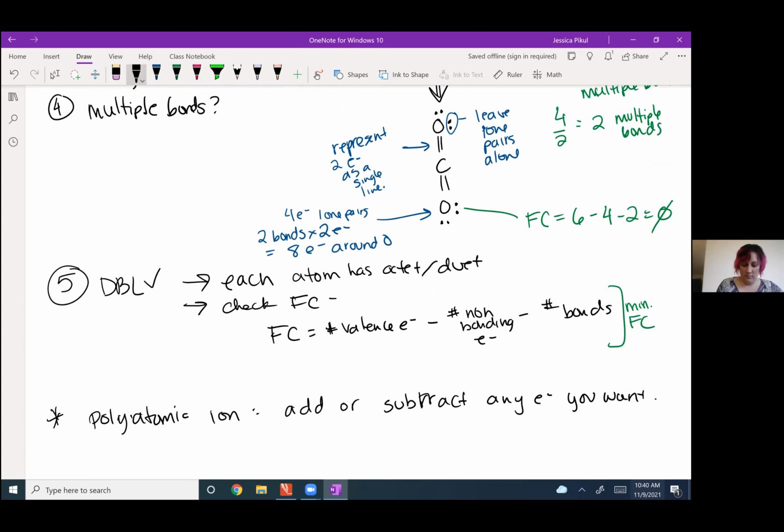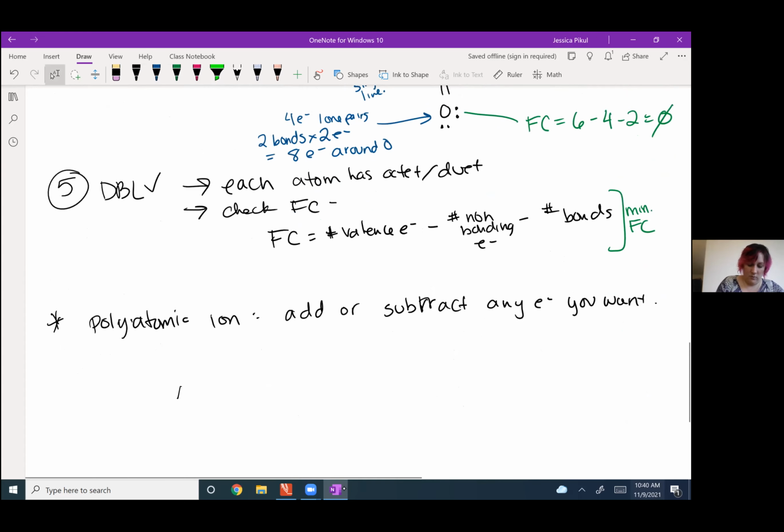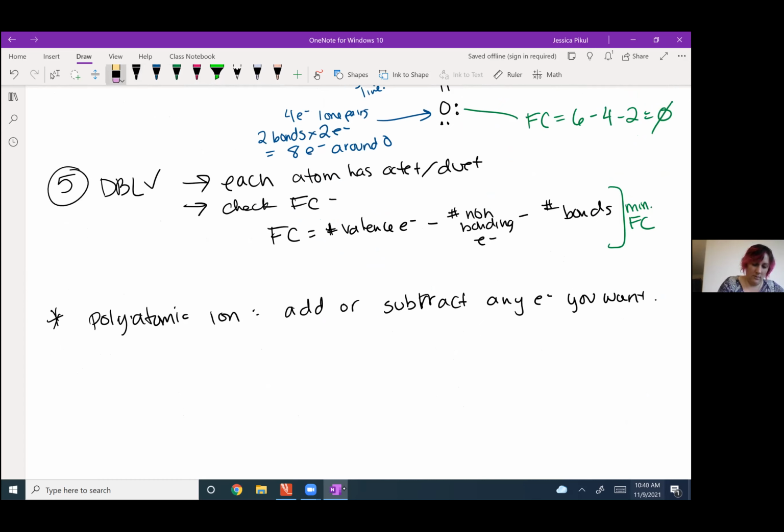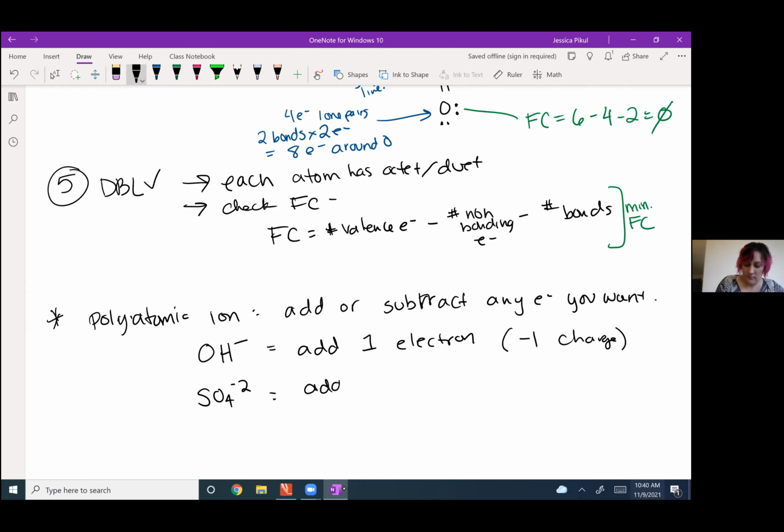So for example, if you had OH minus, when you're building this, you get to add 1 electron anywhere you want in the structure because it has a -1 charge. If you had something like SO4 -2, then you would have 2 electrons that you could add because you have that -2 charge.